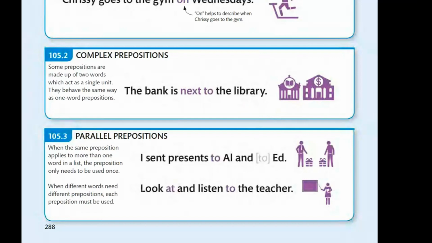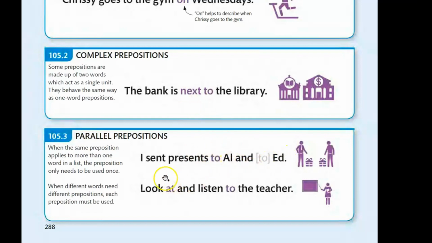Then parallel preposition. When the same preposition applies to more than one word in a list, the preposition only needs to be used once. For example, I sent presents to Al and Id. So we do not necessarily have to say I sent presents to Al and to Id, because this one can be used for both Al and Id.